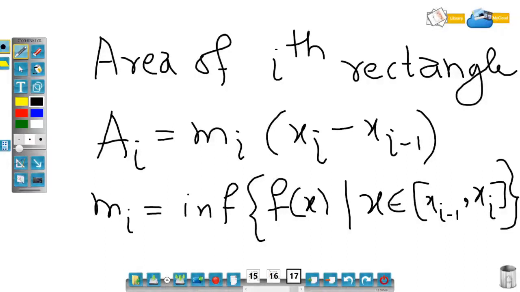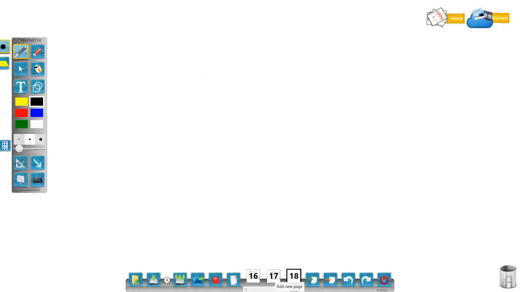And now what is the lower sum? If I combine, add all these areas, then I will get the lower sum.